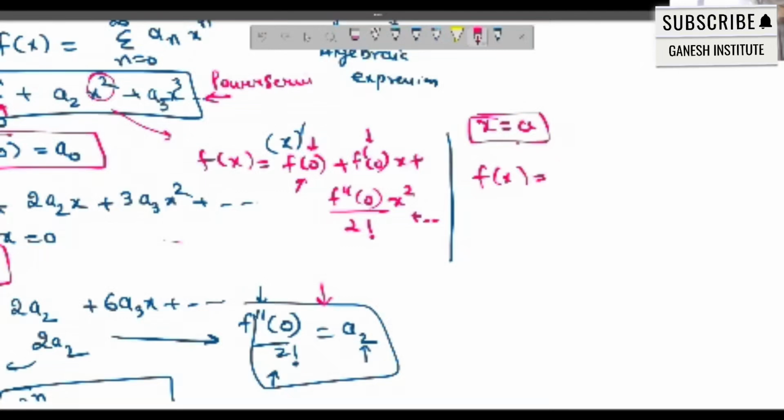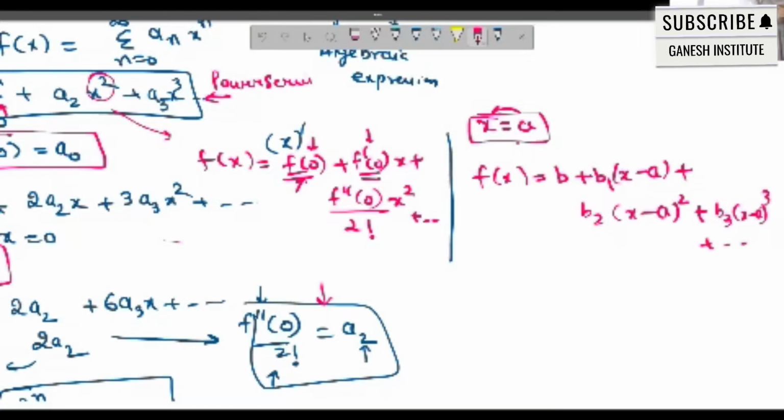and here f(x) is which form? This is constant b. This is the derivative of b, and you can displace this as x minus a, and then b2 x minus a whole square, b3 x minus a whole cube. What is happening here?